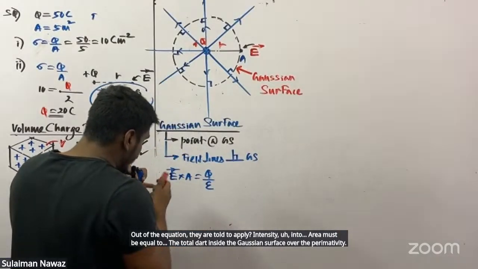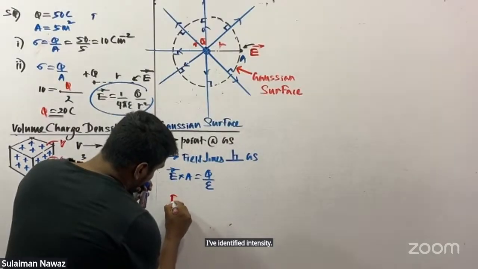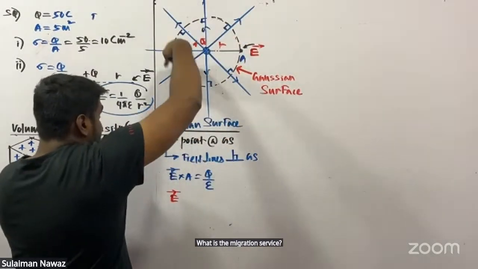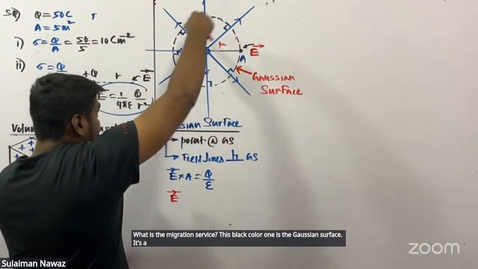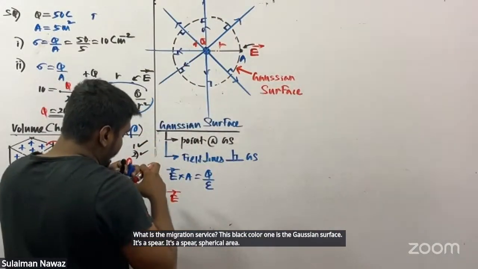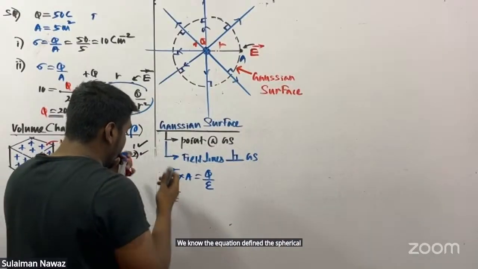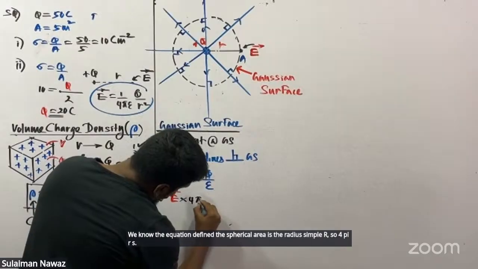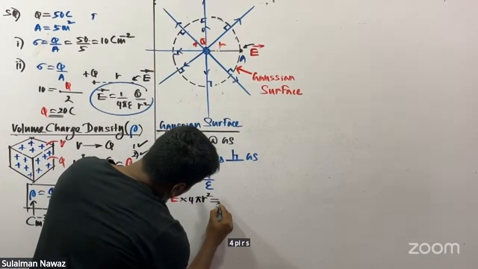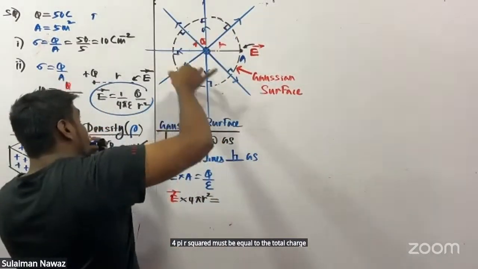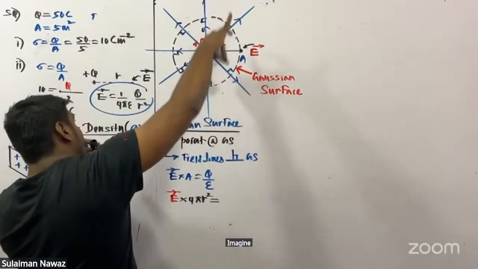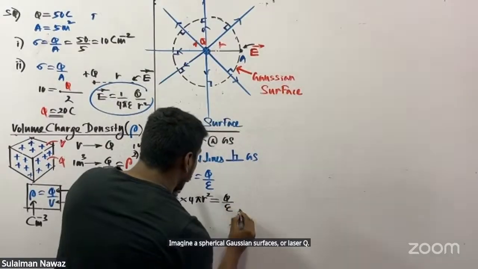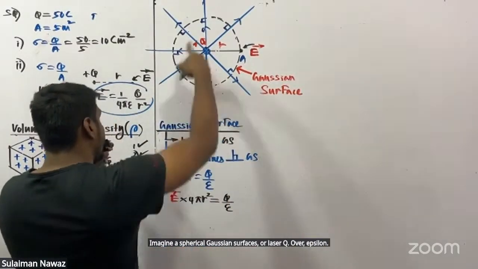I want to find the intensity. My Gaussian surface is this black colored one, a spherical surface. We know the spherical area with radius r is 4 pi r squared. So E times 4 pi r squared must be equal to the total charge inside the imaginary spherical Gaussian surface, which is only Q, over epsilon, the permittivity of the medium.